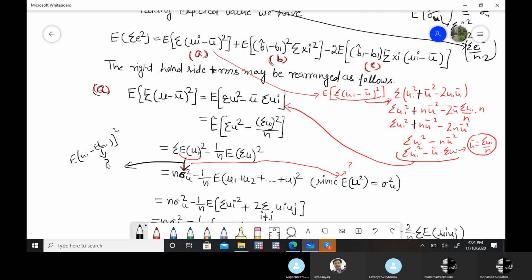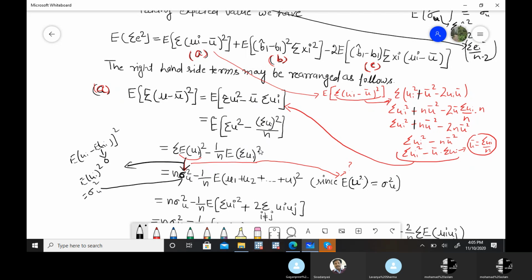This expected ui is equal to 0, so this is expected ui square. So expected ui square we can write as sigma square, right? This particular value. Then 1 upon n.